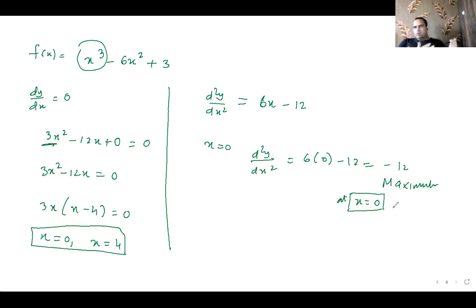And what is the y coordinate? If I plug x as 0 here, the y coordinate will be 0 cubed minus 6 times 0 plus 3, which comes to 3.